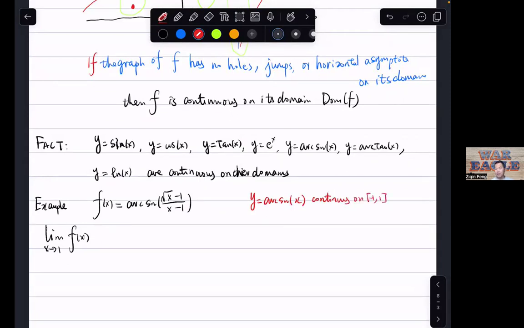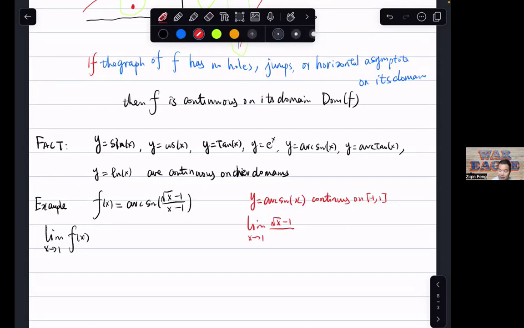Everything that happens inside -1 to 1 is good. So now we wonder what's the limit of the inner function. This obviously is a combination of two functions. What's the limit as x goes to 1 of (square root x minus 1) over (x minus 1)? What's the limit of this?